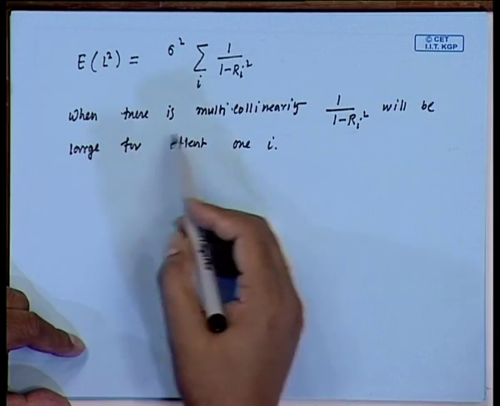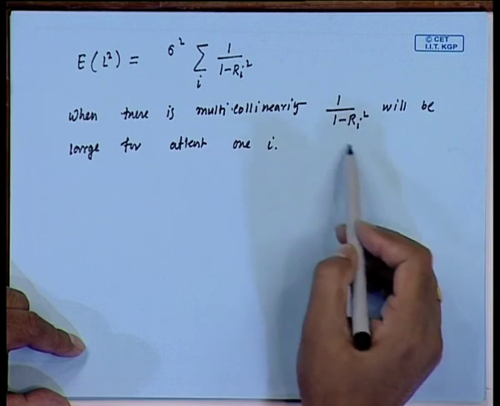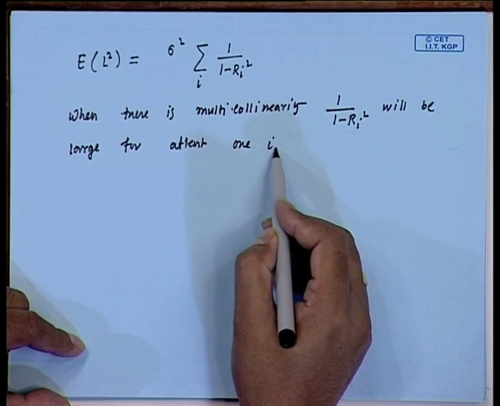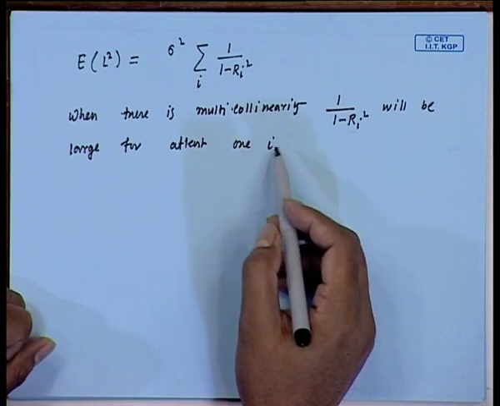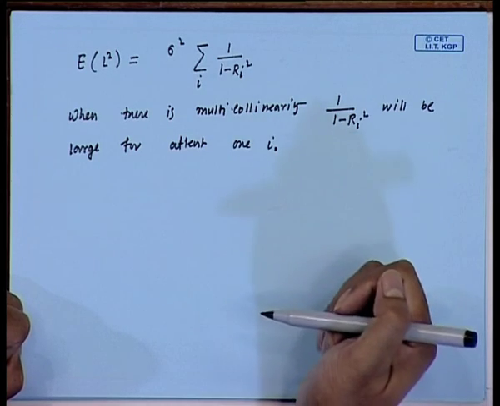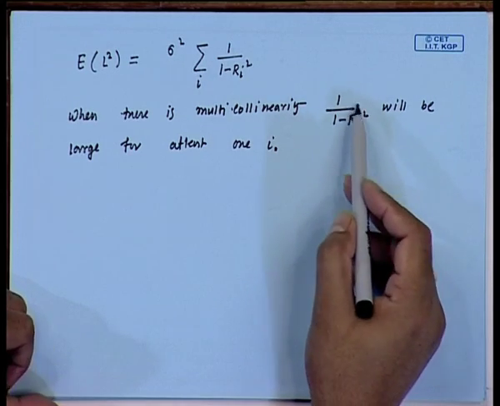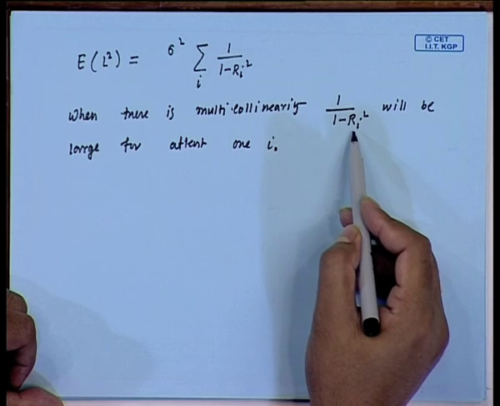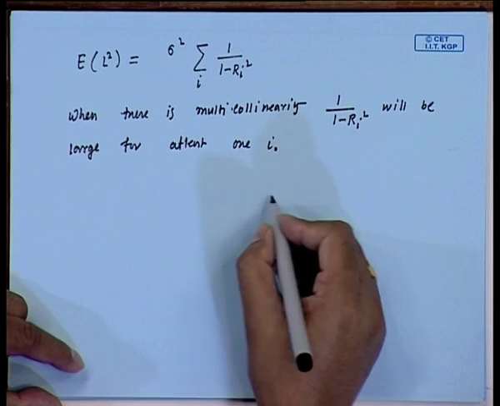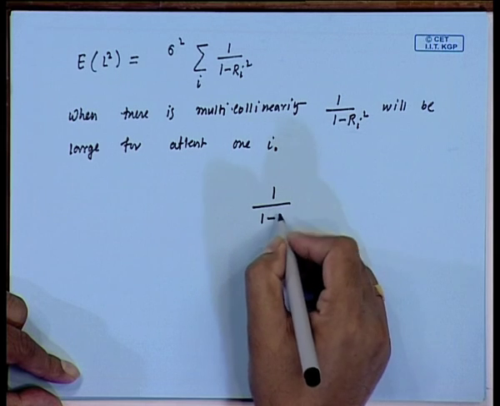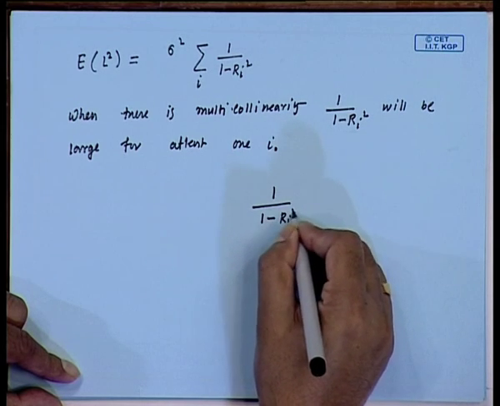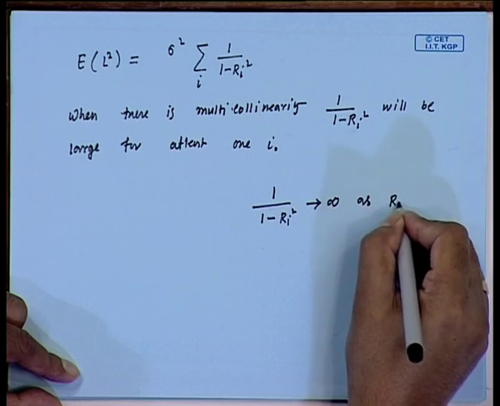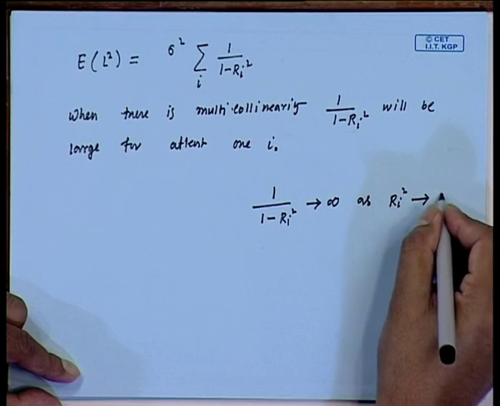That is why this term will be large for at least one I, if x I is linearly dependent on the remaining regressors.